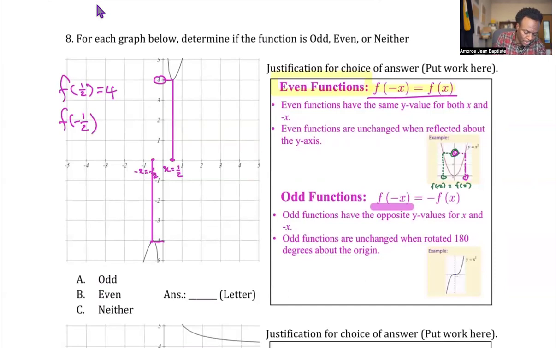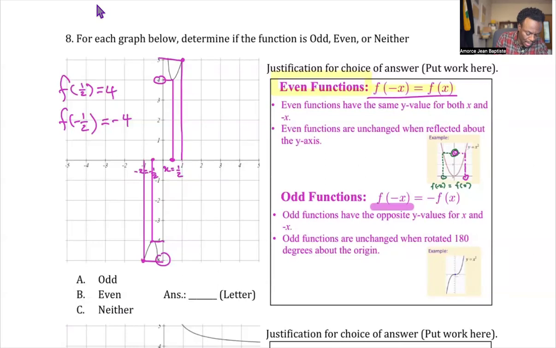Say, for example, if I took x equals 1, f of 1 would be 5, and then -1, which will be negative x, is -5, right? So any x will give me the same result, with x equals 1, -1/2 or +1/2. So f of -1/2 is -4.